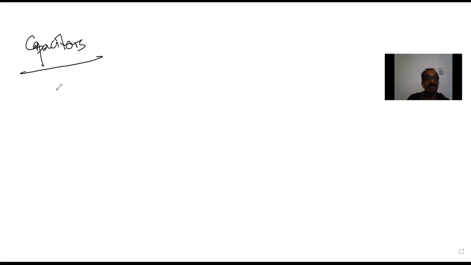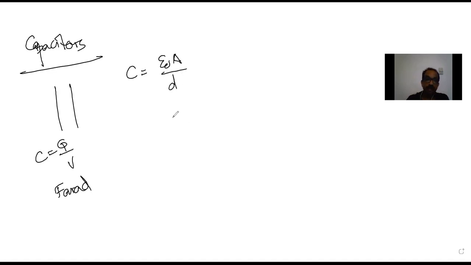So the very basic equation is, in a parallel plate capacitor, the capacitance can be calculated using the equation C is equal to Q by V, charge per potential difference, and the unit of capacitance is farad. The capacitance of a parallel plate capacitor you can calculate using the equation epsilon 0 A by d. Here A is the area of the plates and d is the distance between the plates.